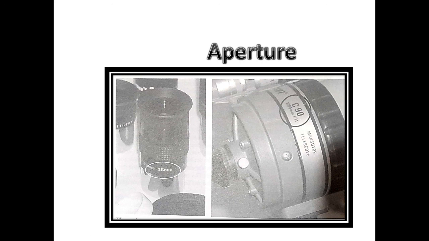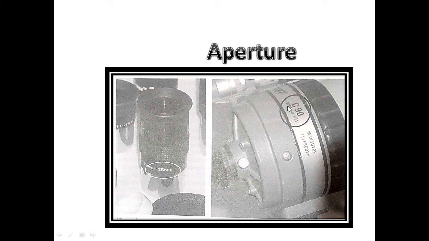The easiest way to determine the focal length is simply to find the number written on the side of your telescope or the eyepiece. As you can see, this is 25 millimeter. The eyepiece has a focal length of 25 millimeter combined with your telescope with the 1000 mm.